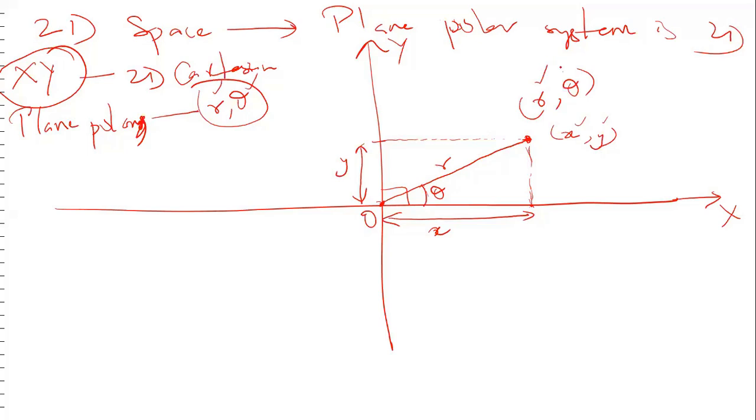For a specific value of r and theta, there will be a certain specific point in this two-dimensional space. So I hope you can agree that rather than using the xy coordinate system, we can also use the r theta coordinate system. Once r and theta are known to us, we know where the point is located. That is called the plane polar system.